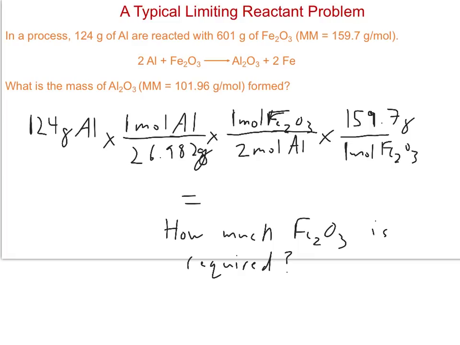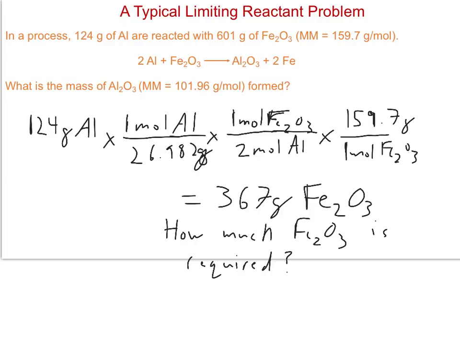And if I do that math correctly, I get 367 grams, rounding it to 3 significant figures, of Fe2O3. That's how much is needed for this reaction to run to completion.